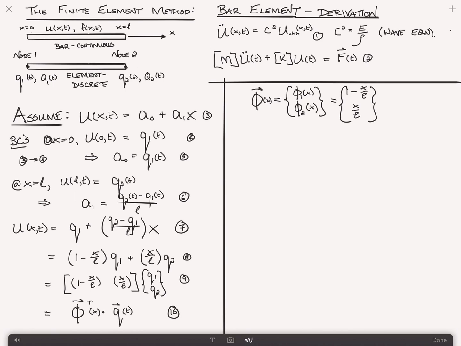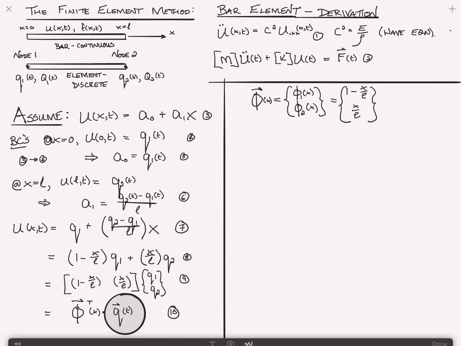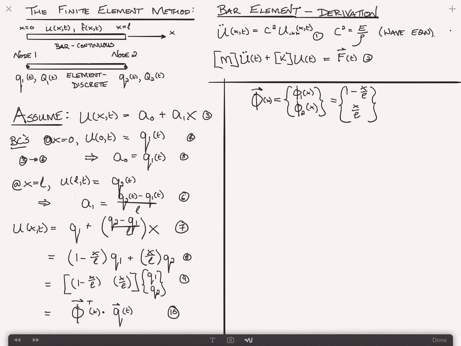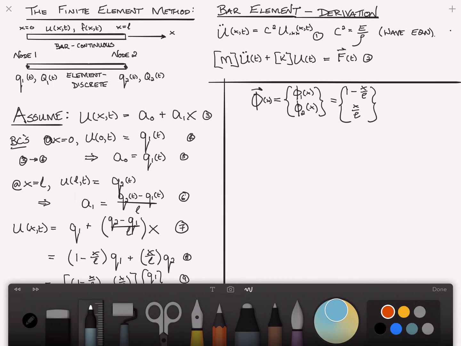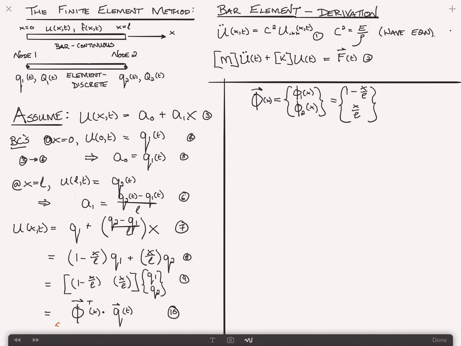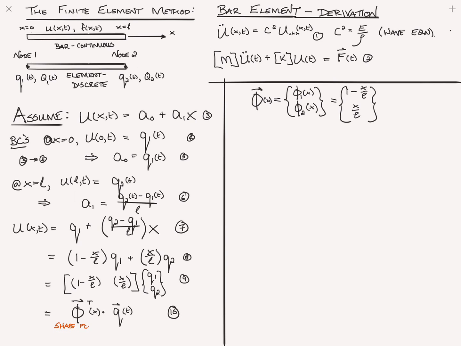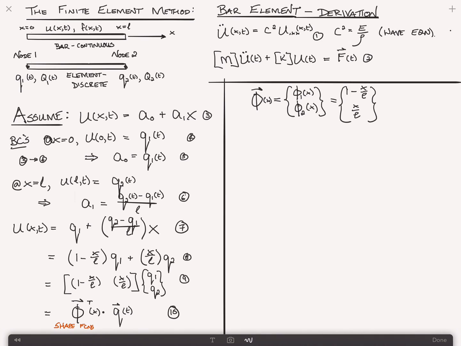So what have we done? We've rewritten u in terms of shape functions multiplied by nodal coordinates. This is the transpose of a vector of shape functions, and this is a vector of nodal coordinates.